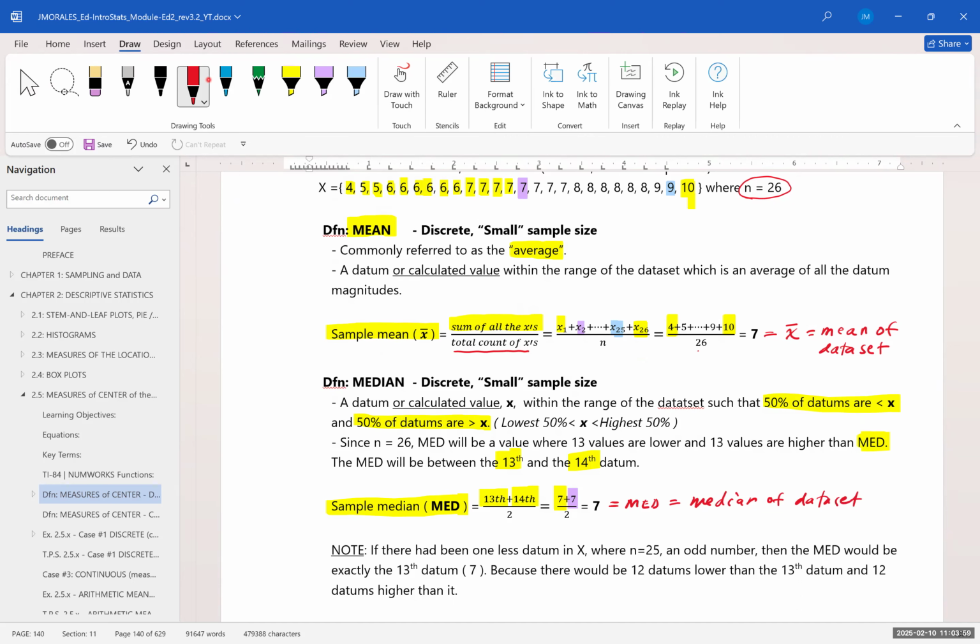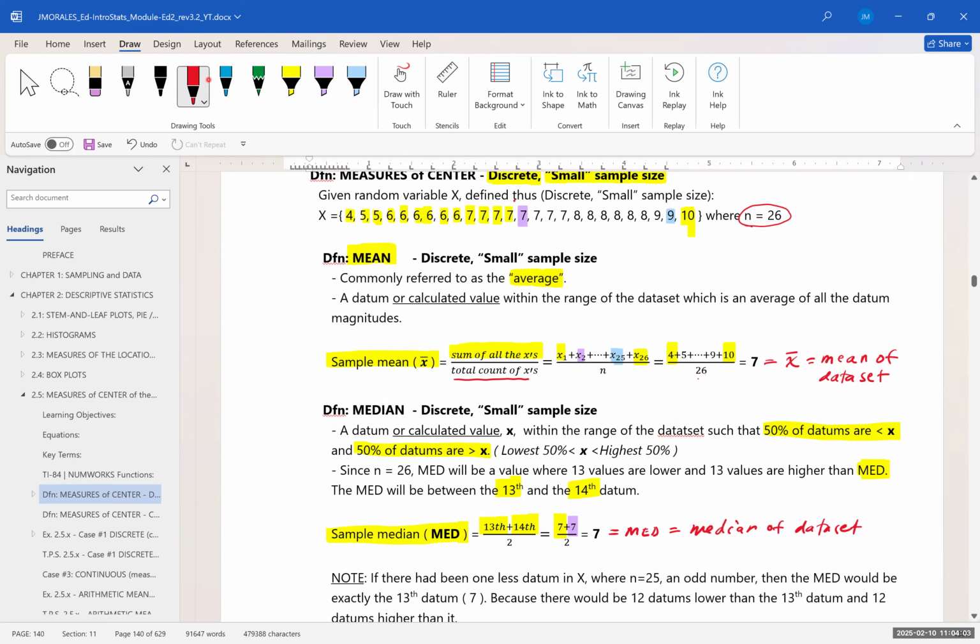Okay, so this value of 7, what we would do is put a line right here, and this is our median. The median is a number where half of the datums are below it, so there were 13, and half of the datums are above it.